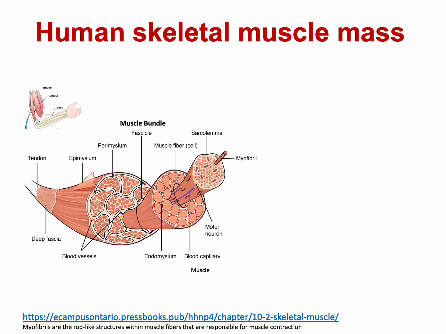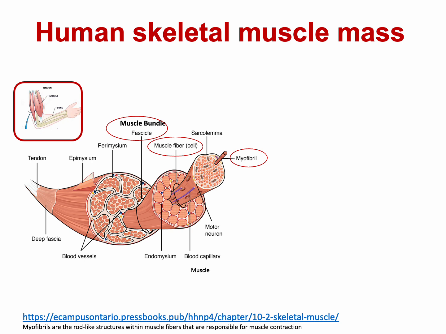So when examining a cross-section of a muscle, such as the bicep, you will observe multiple muscle bundles or muscle fascicles. Then inside the muscle bundles, there are multiple muscle fibers or muscle fiber cells. And within the muscle fibers are numerous myofibrils, which are the contractile element within the muscle fibers.